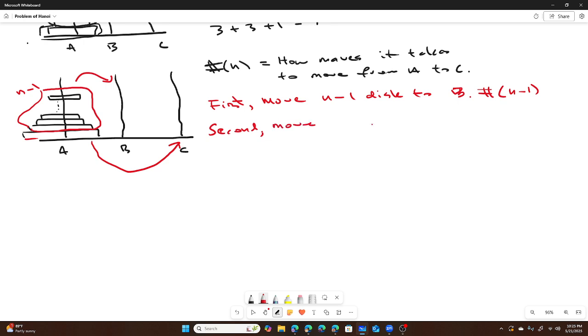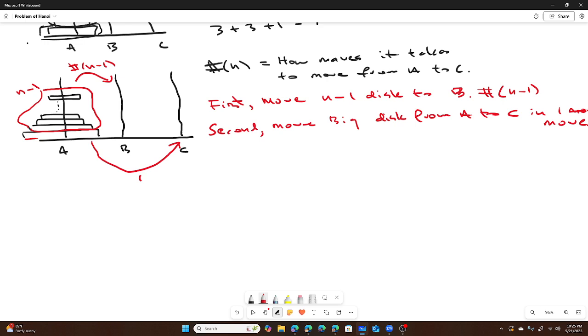Move the big disk from A to C in one move. Right, so it's going to be one move. This is going to be f(n minus 1) moves.